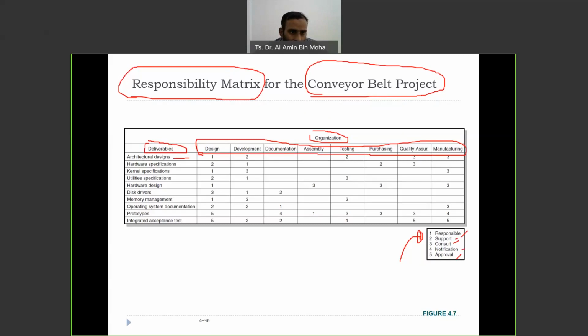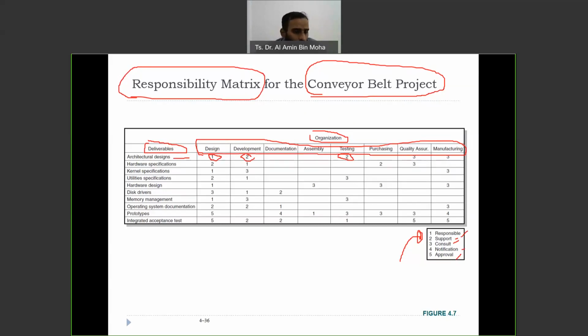It's going to be designed by the design department, of course, so they are responsible. But they're going to get the support from the development department and also the testing department. While the quality assurance and manufacturing are just going to give advice, as they are just consultants. So the things go like that.